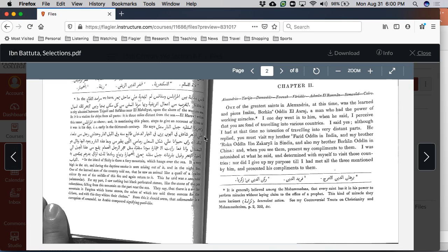He replied, 'You must visit my brother Farid-ud-Din in India and my brother Rokn-ud-Din ibn Zakaria in Sindhia, and also my brother Burhan-ud-Din in China. And when you see them, present my compliments to them.' I was astonished at what he said, and determined with myself to visit those countries, nor did I give up my purpose till I had met all the three mentioned by him and presented his compliments."